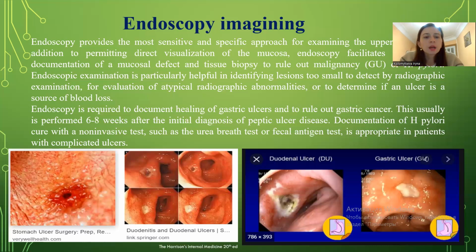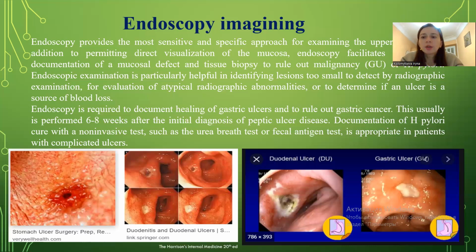Endoscopy is required to document healing of gastric ulcer and to rule out gastric cancer. This usually is performed 6-8 weeks after the initial diagnosis of peptic ulcer disease.